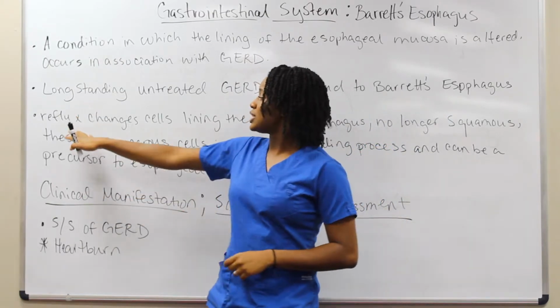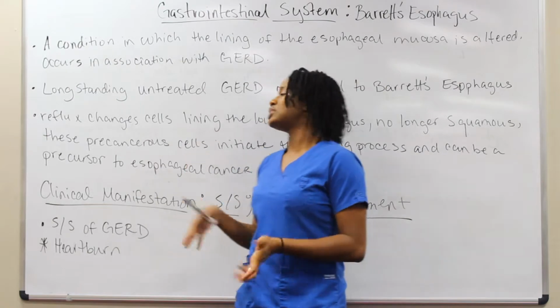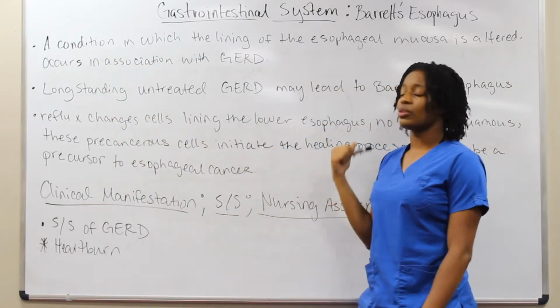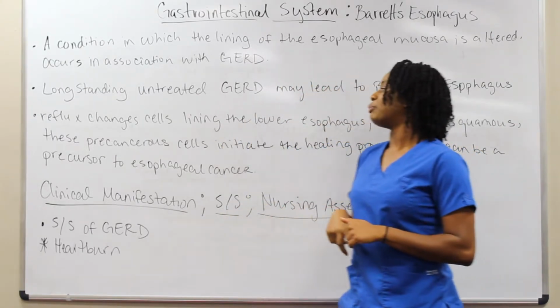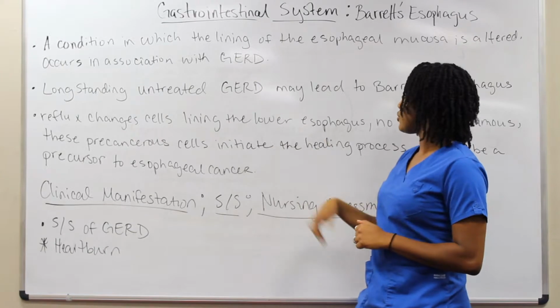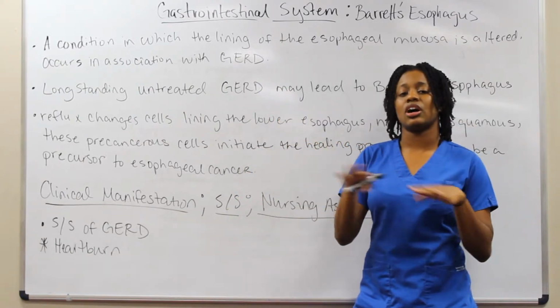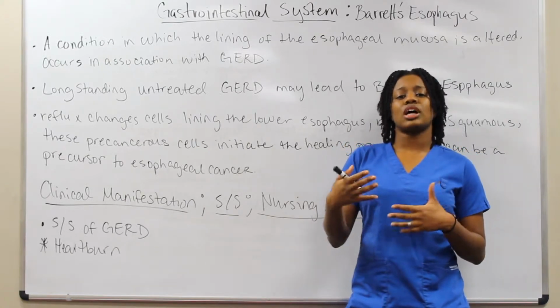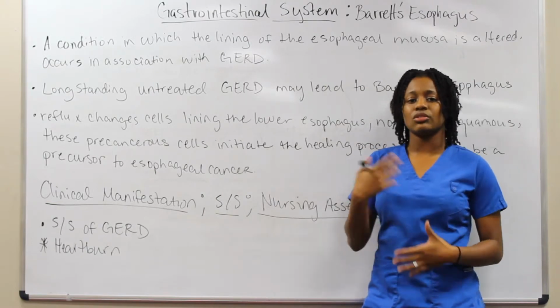What happens is, because of the reflux of gastric contents, the reflux changes the cell lining in the lower esophagus. You have different layers in the esophagus, and those layers are eroded, they're gone. When that layer is gone, your body is going to try to go through the process of mitosis to regenerate those cells.